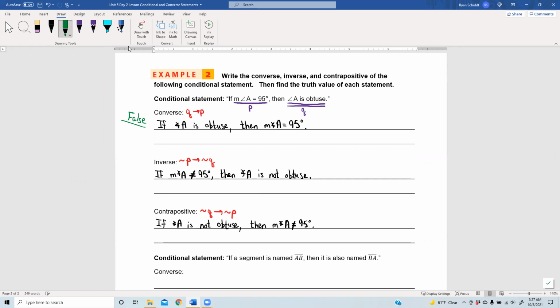It doesn't have to be 95. It could be 94, it could be 96. It just has to be between 90 and 180. The inverse, if it's not 95, then it's not obtuse. No, we just said it can be anything between 90 and 180. So this would be false. 95 ain't that special.